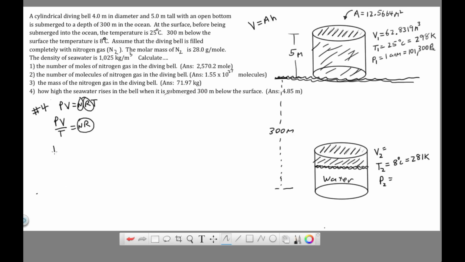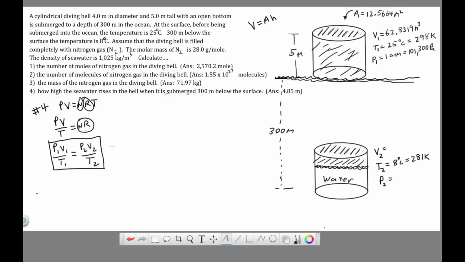So the equation we're going to get is P1V1 over T1 is equal to P2V2 over T2. So basically what we're saying is the ratio of PV over T is a constant because it's equal to NR, and NR is constant. So this is our equation that we're going to be working with for this problem.